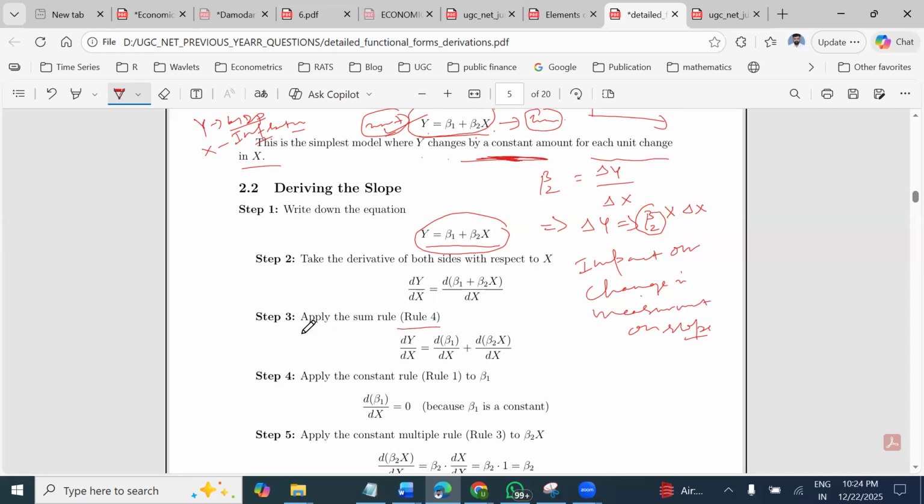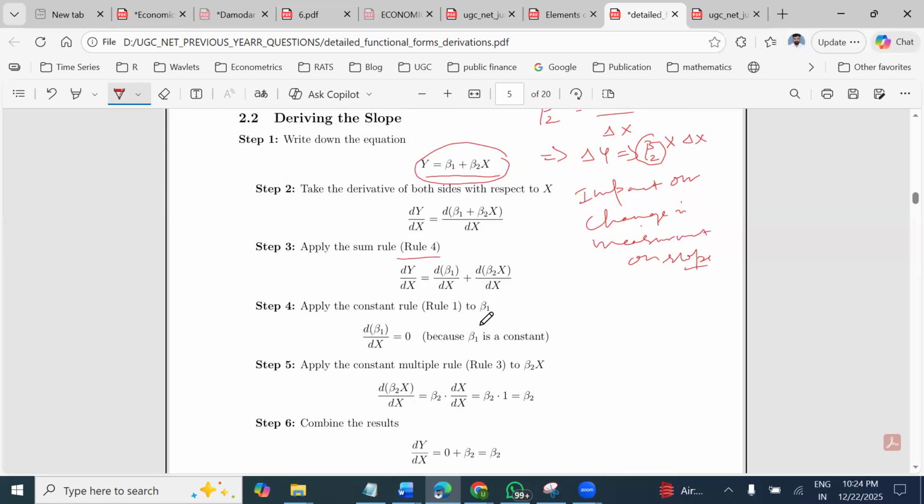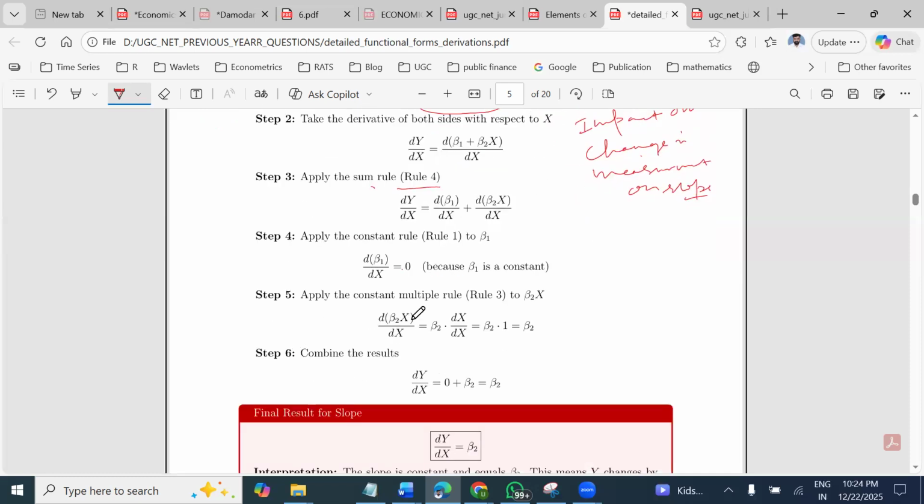Because beta 1 is a constant, its derivative will be 0. Then you apply the constant multiple rule to beta 2 x. So beta 2 into dx upon dx, that will be beta 2 times 1. So it is beta 2. That is how it comes.